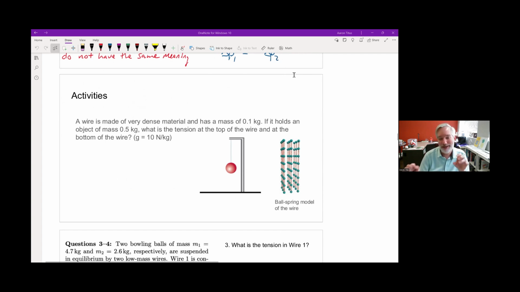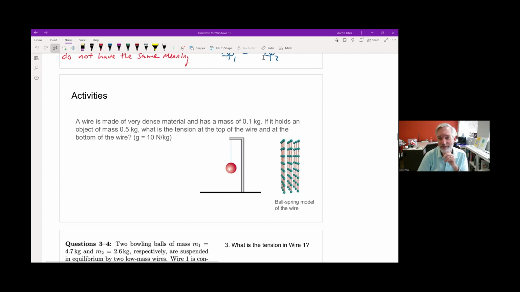I'm hoping to break into groups. I think it'll be random, and I would like for you to solve this problem and think about your choice of system as you solve the problem and define your system, okay? Define your system, define the objects and the surroundings that are interacting with the system, and then apply the momentum principle, aka Newton's second law.